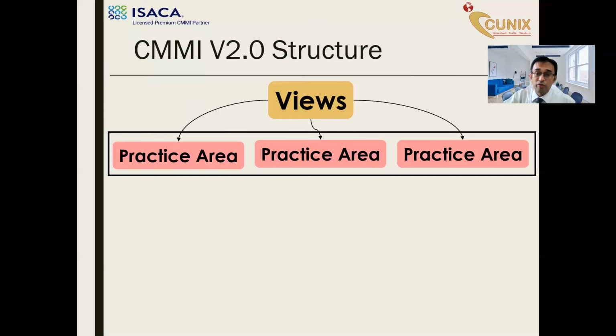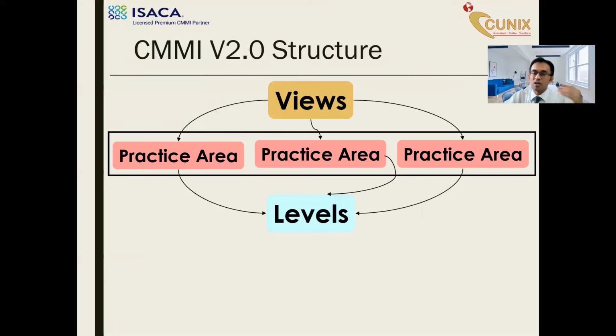And under each view, you have practice areas. So where has the maturity level gone? Is there no maturity level? No, there is maturity level. But now the maturity levels are within a practice area. By the way, now process areas became practice areas, as we have learned some time back.